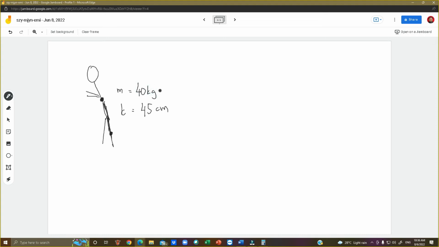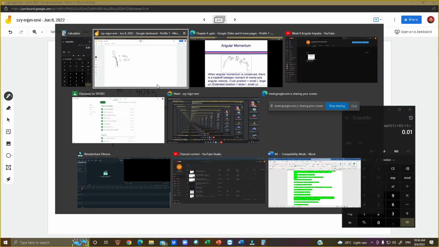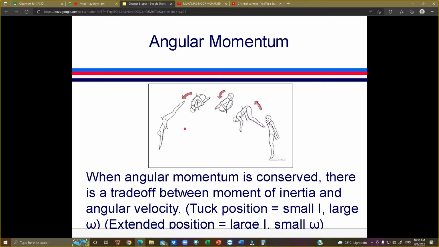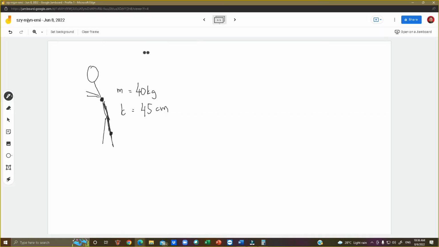What else do we need here? Angular momentum equals mk square omega. And then at the instant of jumping, dalam proses dia nak jumping, the rotational velocity happens to be, kita ambil paling sikit je, 1 radian per second.